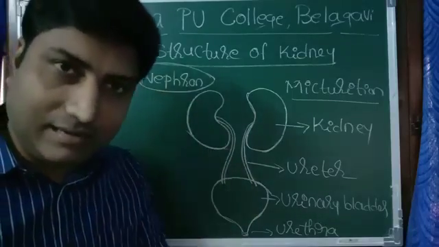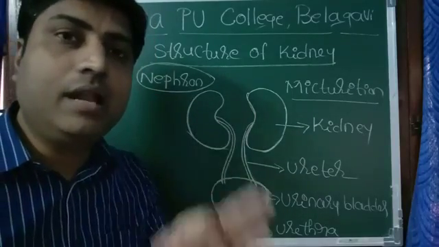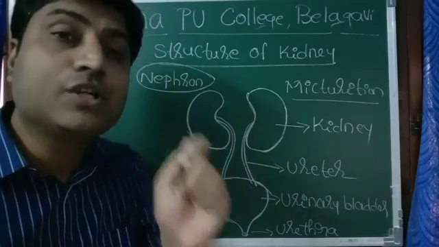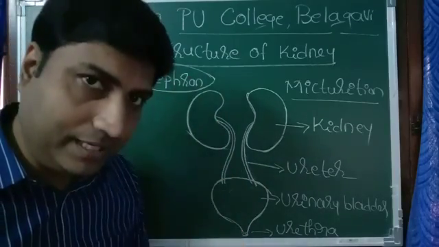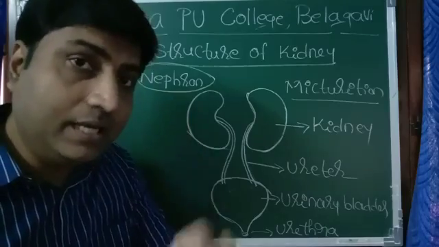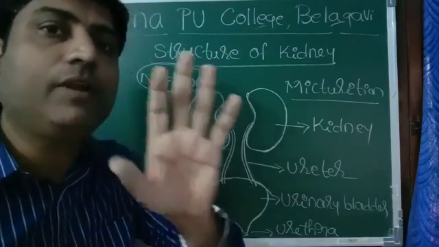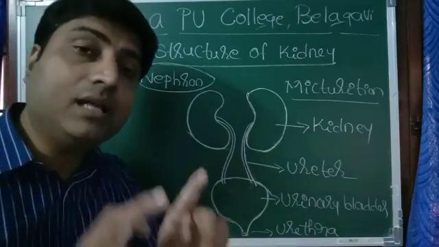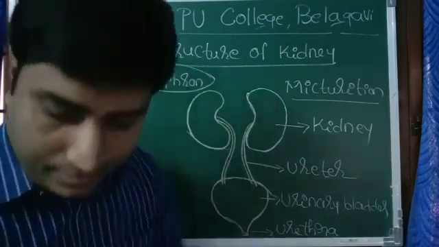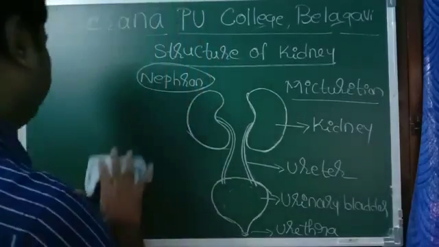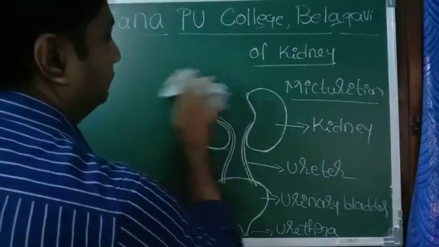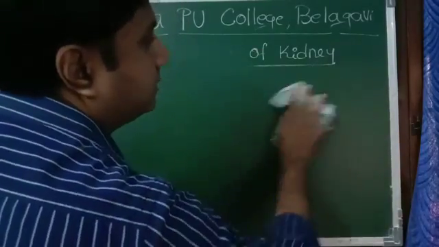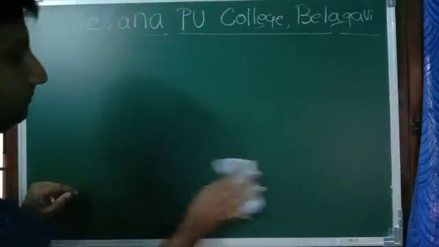Nephrons are considered the structural and functional unit of the kidney. Now let us study the basic structure of a nephron, how exactly a nephron looks and which are the various parts of a nephron.